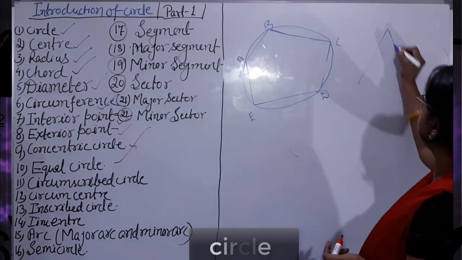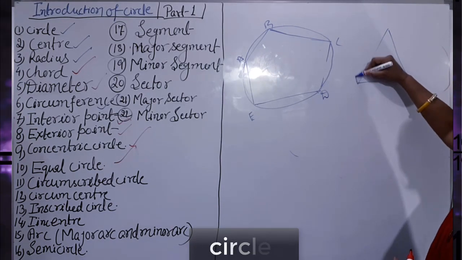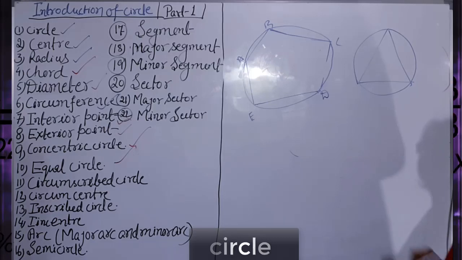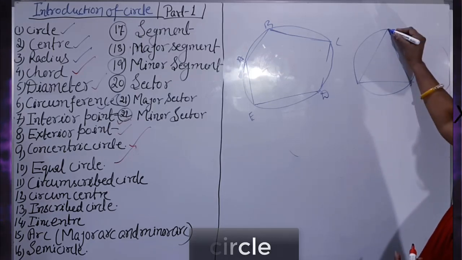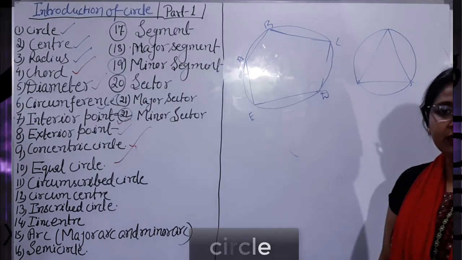In the same way, a circle passing through all the vertices of a triangle is called a circumscribed circle.